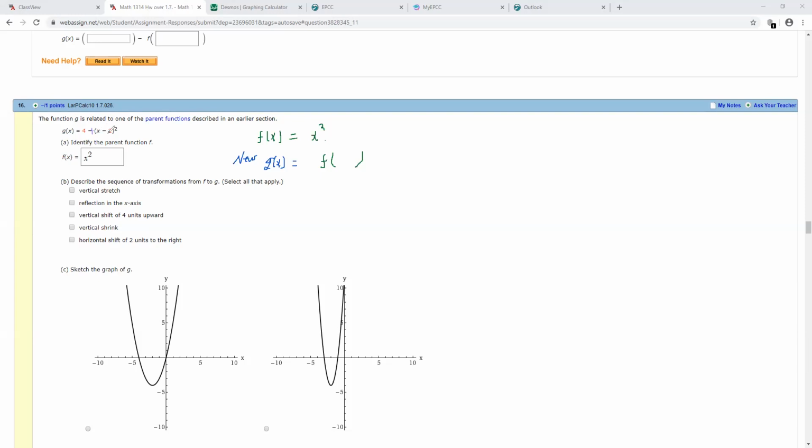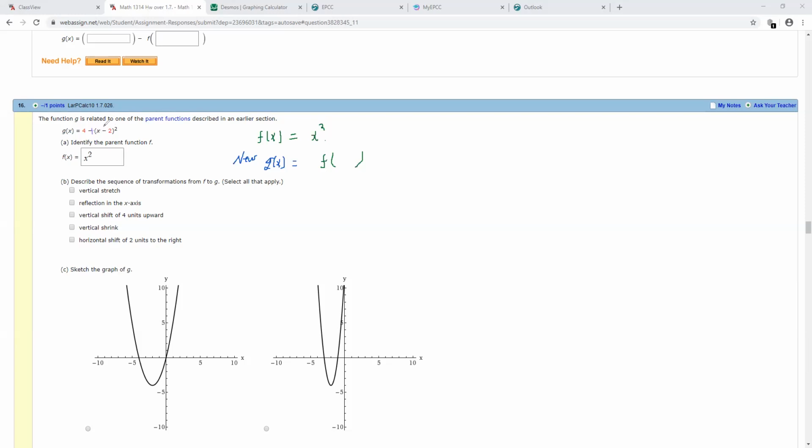So what else is there? What else could be in here? A multiplication next to the x inside, that would be a horizontal dilation, which is the points shrink closer to the y-axis or stretch away from the y-axis. Well, there's no multiplication of 2 or 1/2 or a 3 inside next to the x. So it's not a horizontal stretch or shrink.